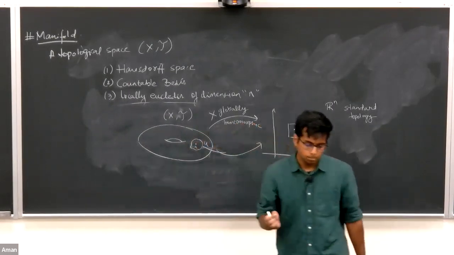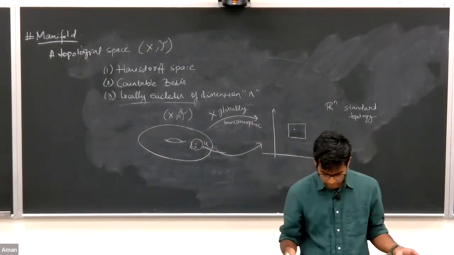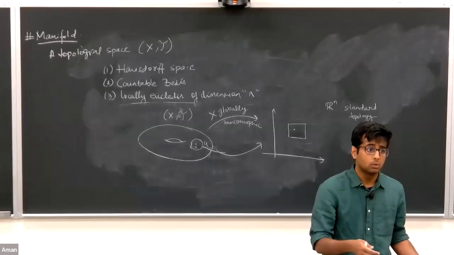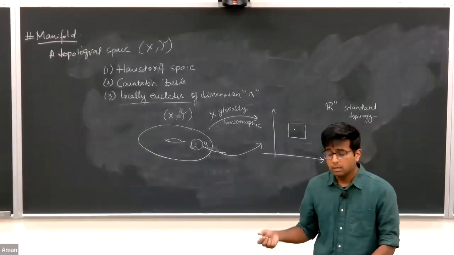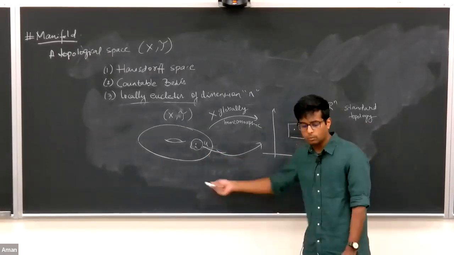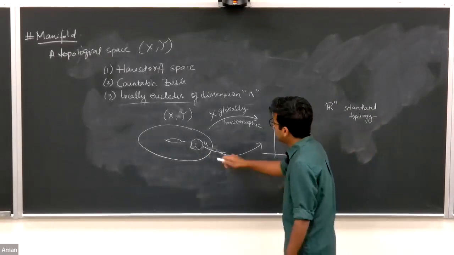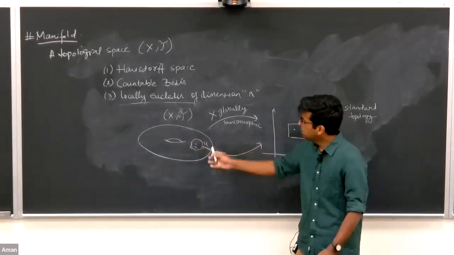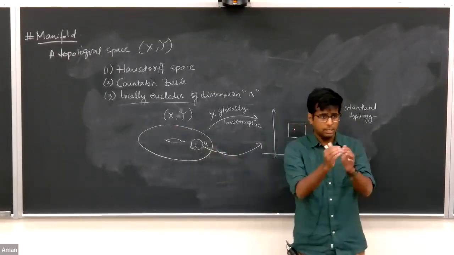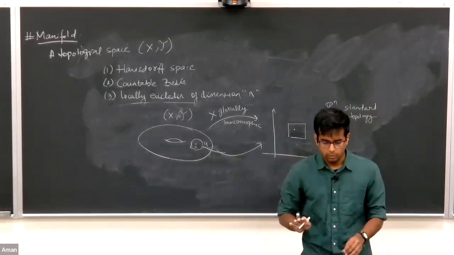Just a quick recall: a map from X to R^n that is continuous and bijective, and whose inverse exists and is also continuous, is considered a homeomorphism. If you can go from this point to this point, you should also be able to come back to the same point. As an intuition, on any two-dimensional surface like this, if you pick a point and take a closed neighborhood around it, that would be homeomorphic to the Euclidean space.